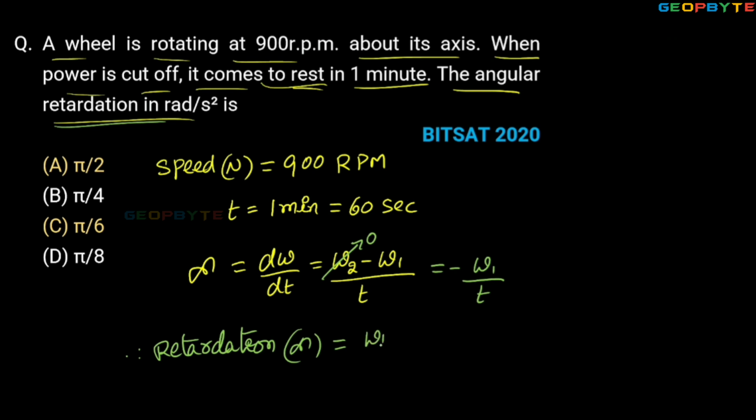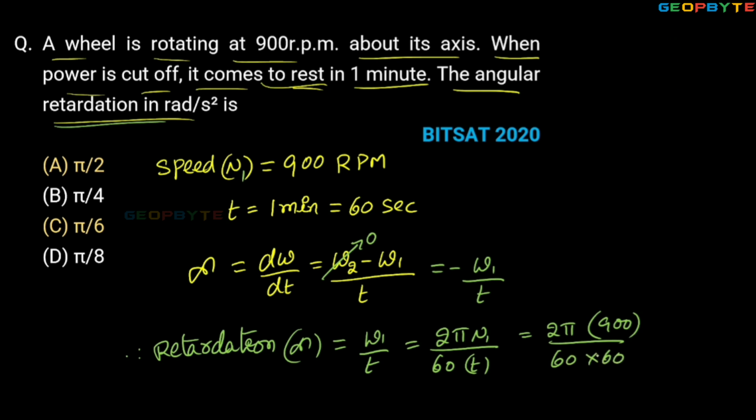Omega 1 by t. Omega 1 equal to what? 2 pi n1, that is n1 by 60, into time, which is in seconds. This is equal to 2 into pi into n1 is 900 divided by 60, into time also 60. Right? Now let us simplify it.